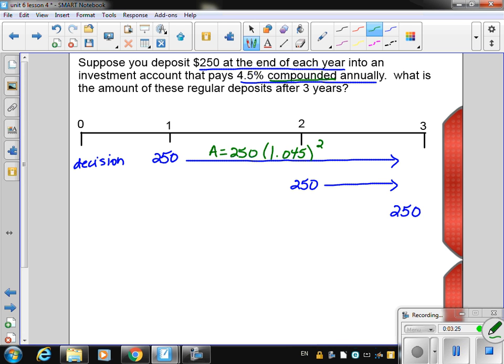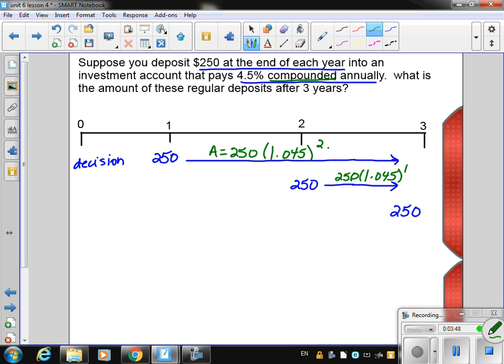The second one, I'm going to have my $250 and it is also going to get 4.5% and it is going to grow for 1 year. And then I have another $250.